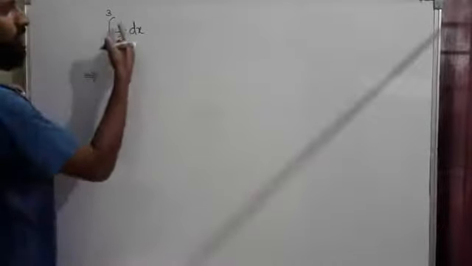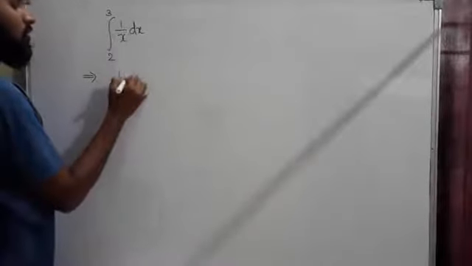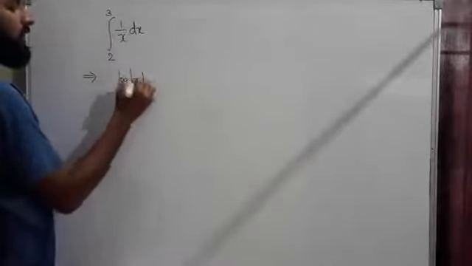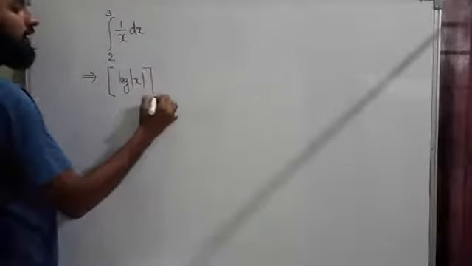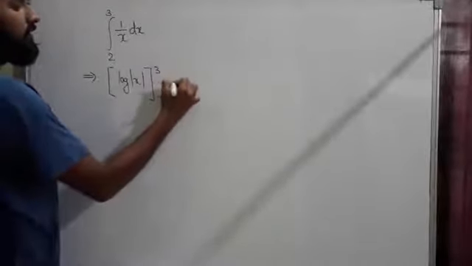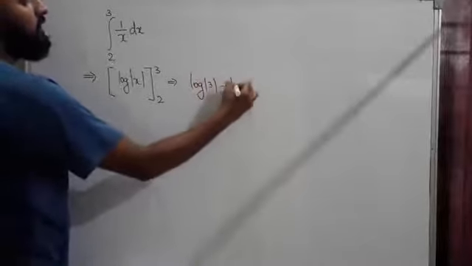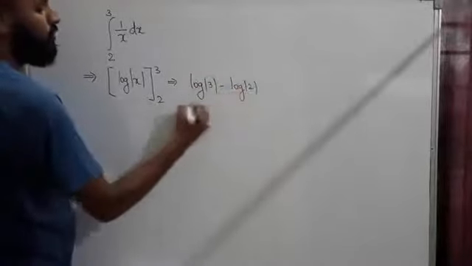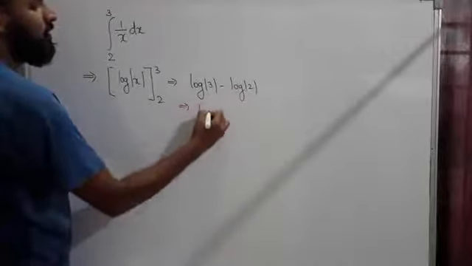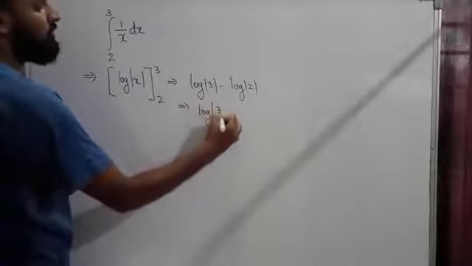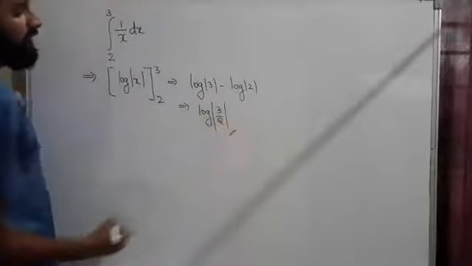So the integral of 1 by x will be log of mod x, that I know, and let me write the limits 2 to 3. If I solve this one, this will be log of mod 3 minus log of mod 2, which is nothing but log of mod 3 by 2, because I know the basics.